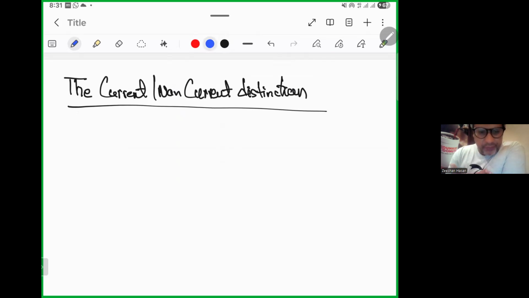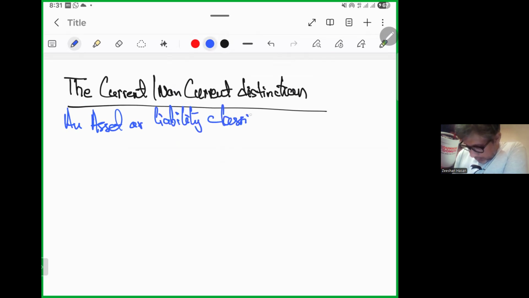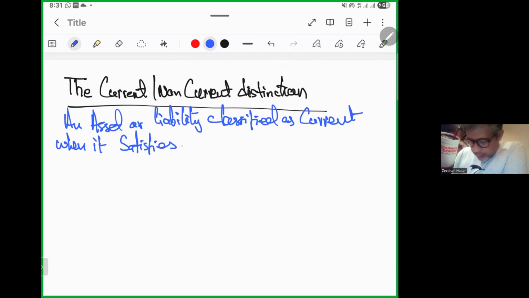An asset or liability is classified as current when it satisfies one of the following criteria.